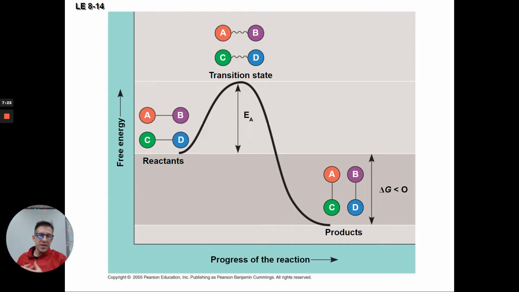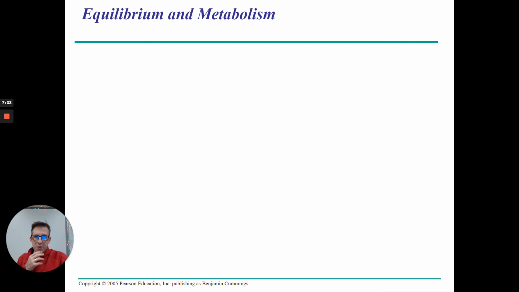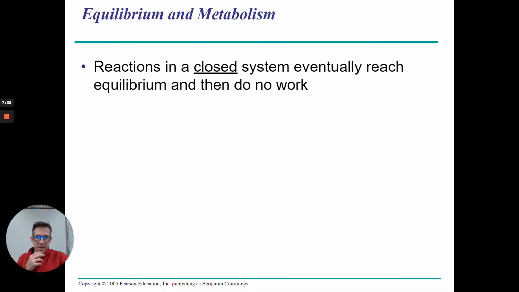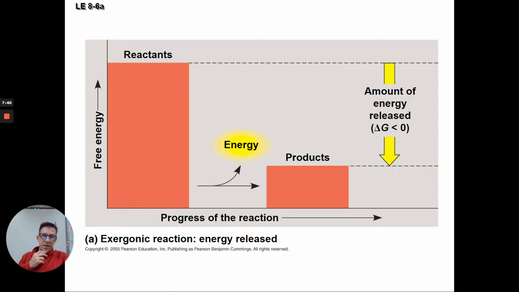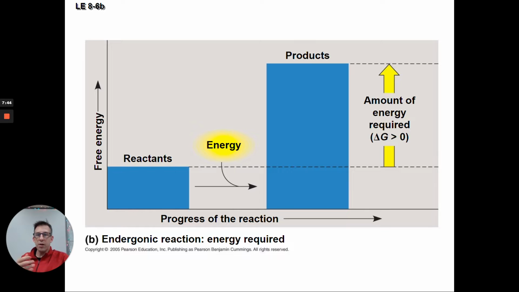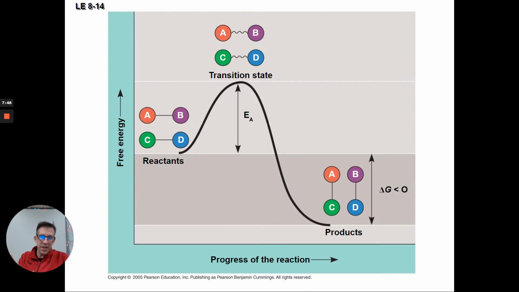This graph illustrates the amount of energy that the molecules have as well as the progress of the reaction. It's very similar to the graphs that you saw in the previous video, where you're looking at an exergonic reaction and an endergonic reaction. Obviously not the same, but very similar.